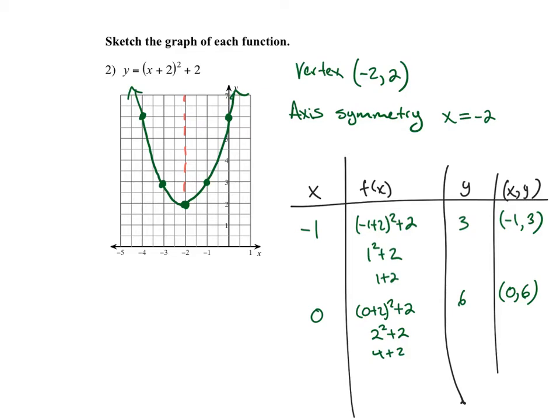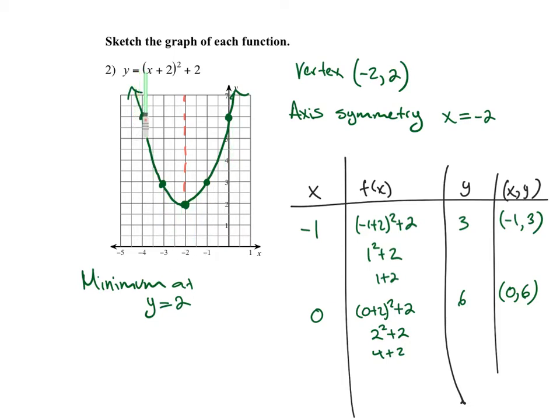So that means that this graph has a minimum value at y = 2. The smallest value of y is going to be on that point. Everything else is going to be bigger.